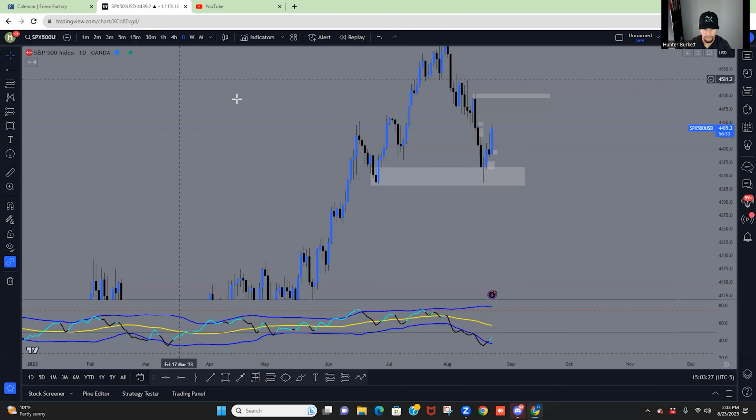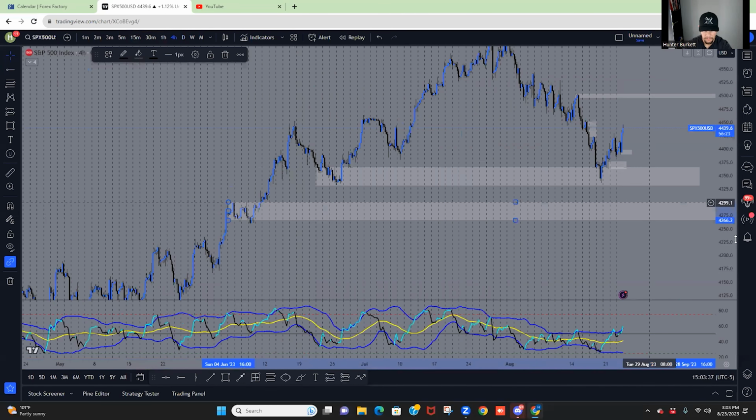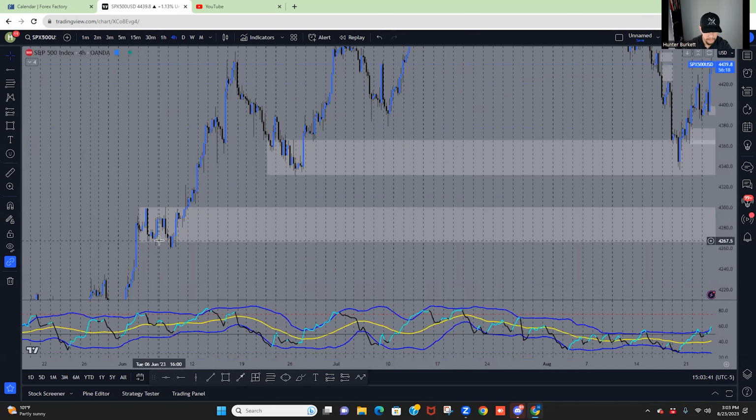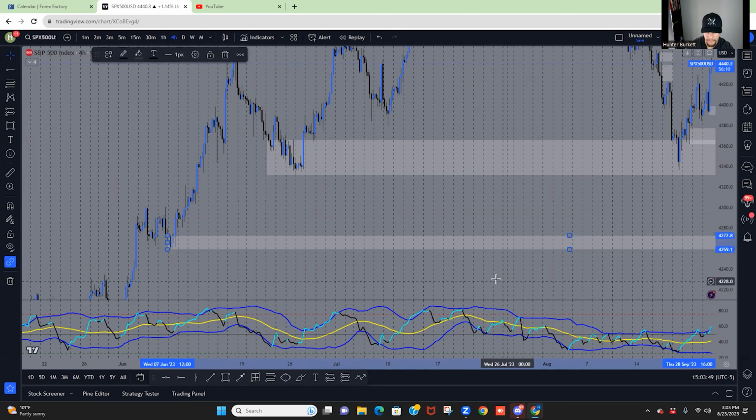So what you would do is, if I put a box around this last down candle, let's just do it. If I go to the 4 hour to get some more of what's not been mitigated, you can clearly see that this candle right here has fast move up, fair value gap with it.